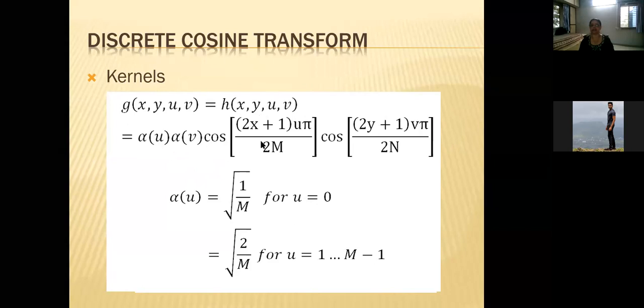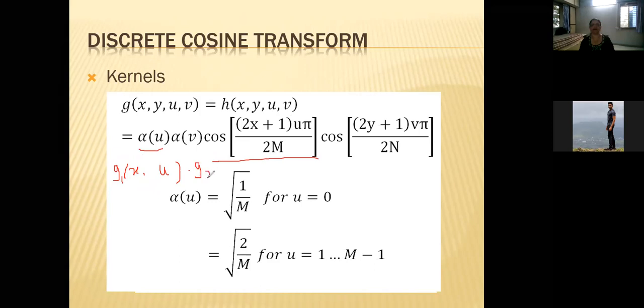Yes, the kernel is separable, because we can easily write this as alpha u into cos of (2x plus 1) u pi by 2m as g1 of x, u. We can combine these two terms, alpha u and cos of (2x plus 1) u pi by 2m, so this becomes our g1 of x, u.